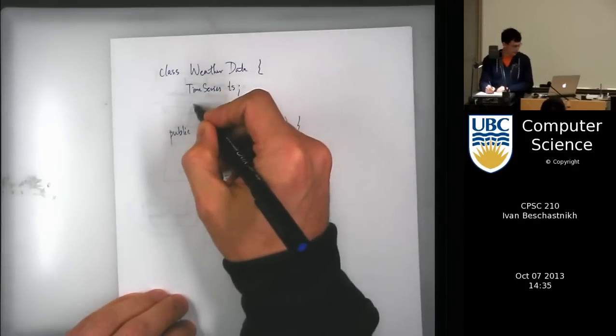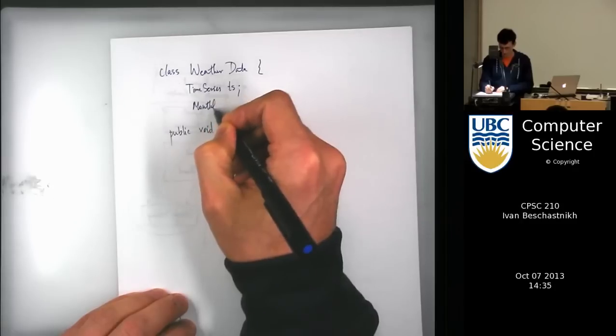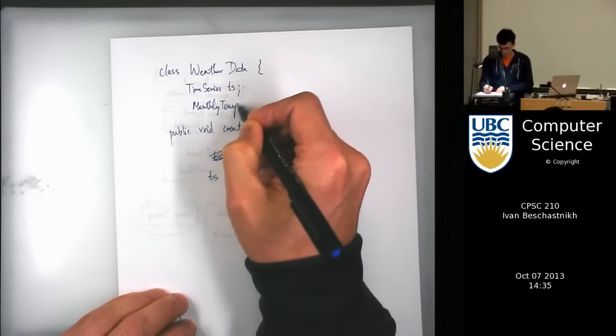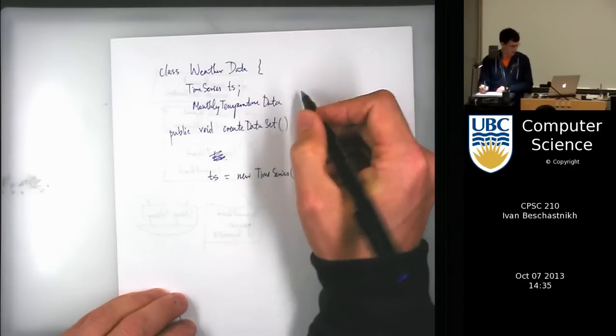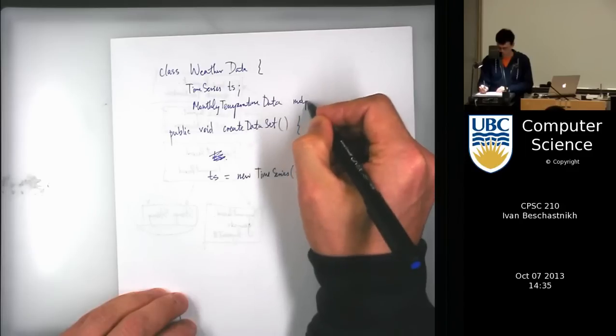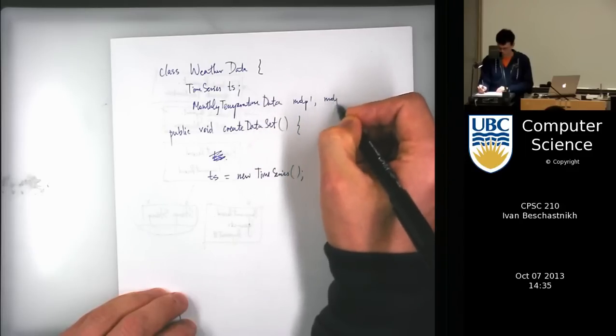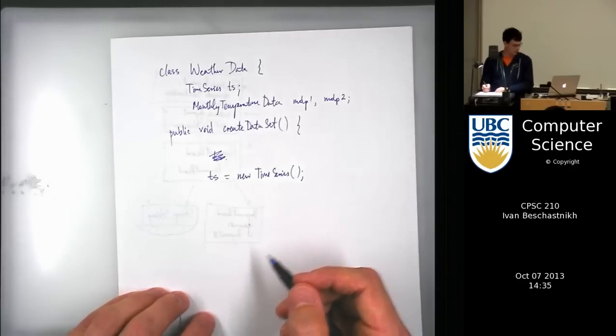I can define monthly temperature data fields, and I'm going to need two of those. So I'll do MDP1 and MDP2. And so get mean temp is called on MTP1.